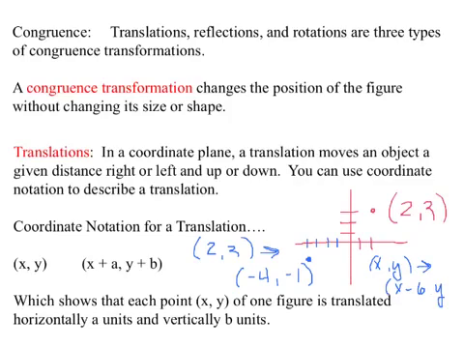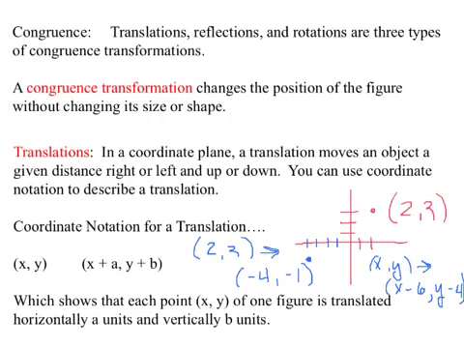Y, to get from 3 to -1, we'd have to subtract 4. That is our coordinate notation. So, beginning to end, we went from (x, y) to (x minus 6, y minus 4).